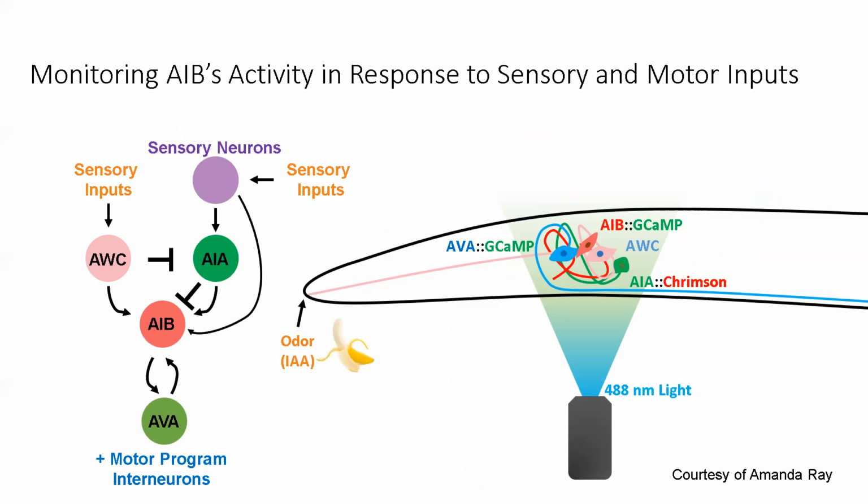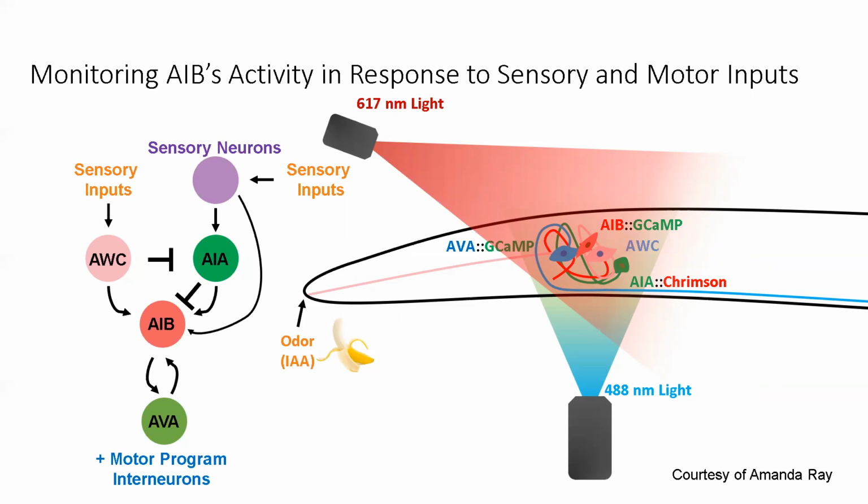So we can provide an odor, which smells like bananas, to the worm, and this will stimulate AWC. We can also use a specific wavelength of light to activate ion channels that we have programmed to activate AIA. So AIA will respond to this 617 nanometer light.